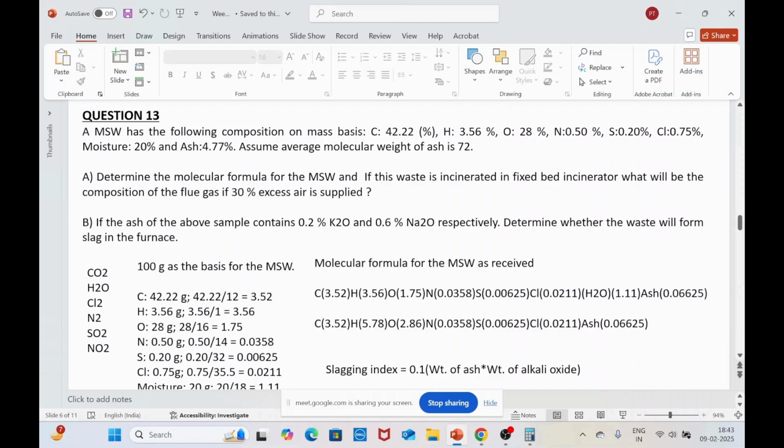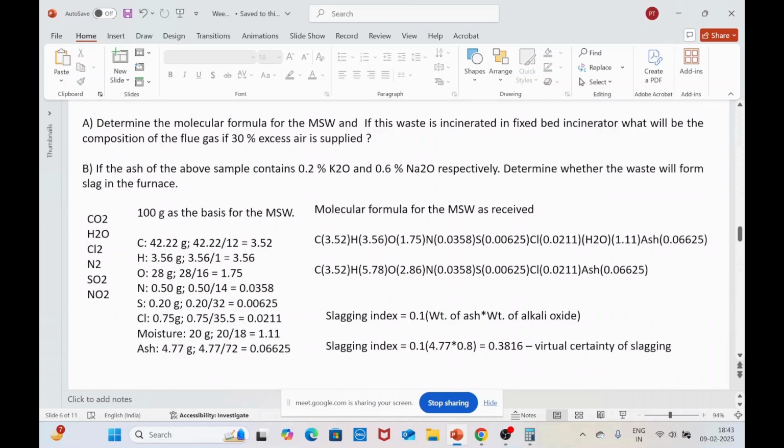Then we were also asked to check whether that waste will form slag in the furnace or not. If you remember, or you can go back and check the recording on YouTube, we calculated up to this molecular formula. We took 100 grams as the basis for the municipal waste, calculated the percentage of carbon, hydrogen, oxygen, nitrogen, and the other constituents, and based on that determined its molecular formula.